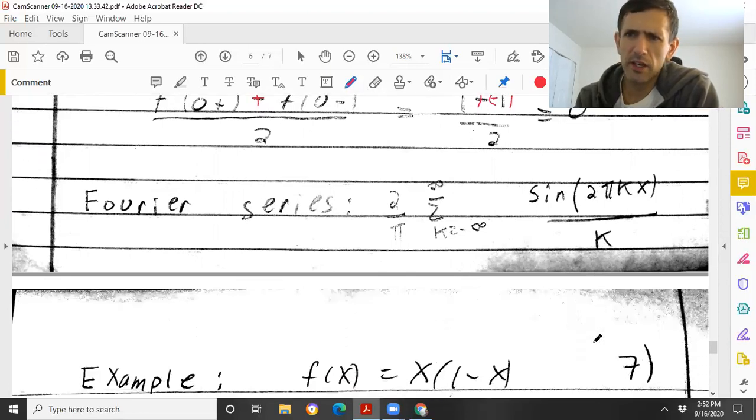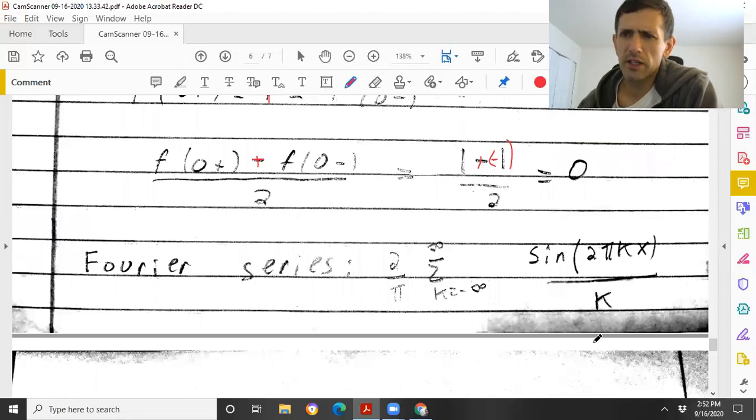Right, and when you plug in x equals 0, as we observed before, you're going to get just 0. You're just summing up zeros. Actually, I think this was k equals 1 to infinity.